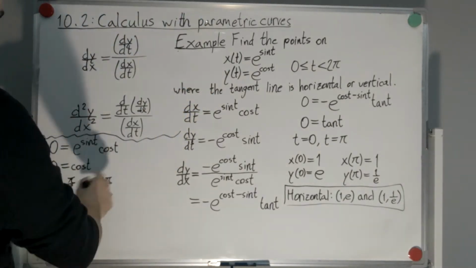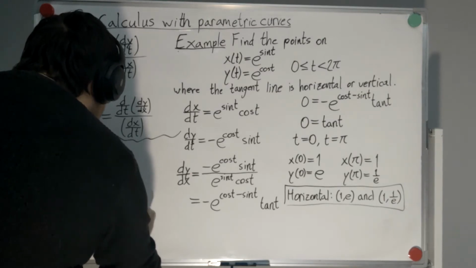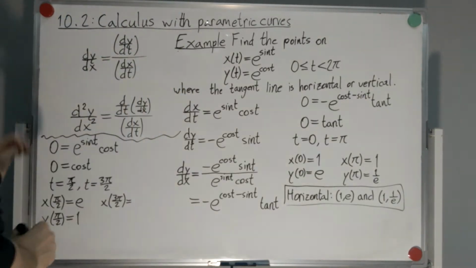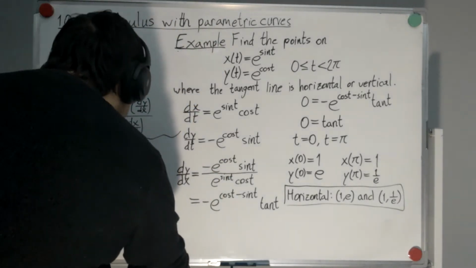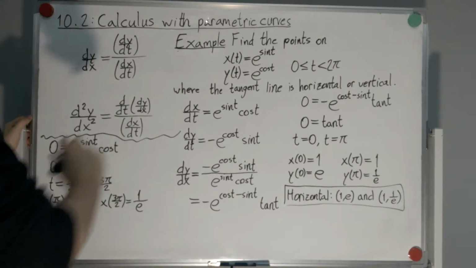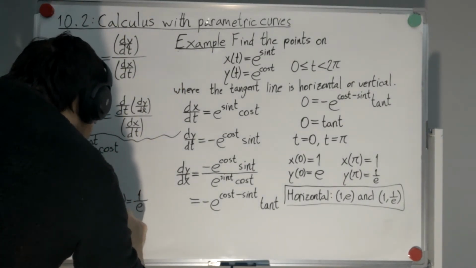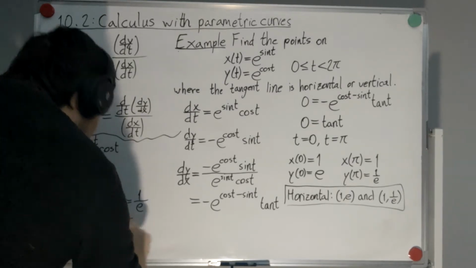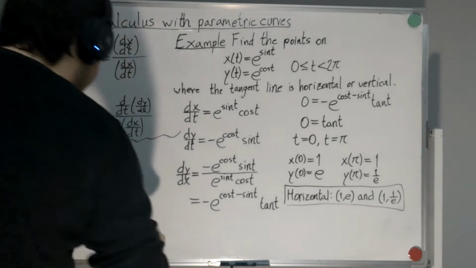Similarly, we need to look at x of 3 pi over 2. X of 3 pi over 2 gives us e to the sine of 3 pi over 2, which is e to the negative 1, in other words, 1 over e. And y of 3 pi over 2, this is going to be e to the cosine of 3 pi over 2, which is e to the 0, which is 1.